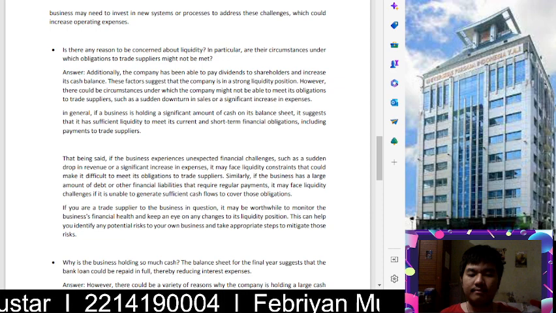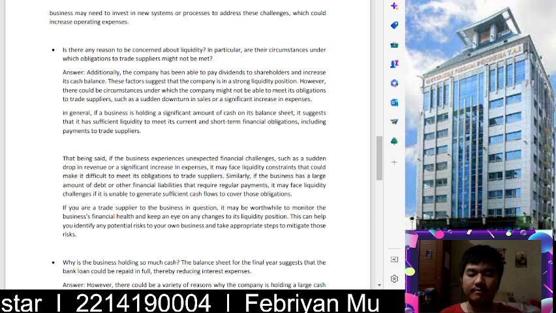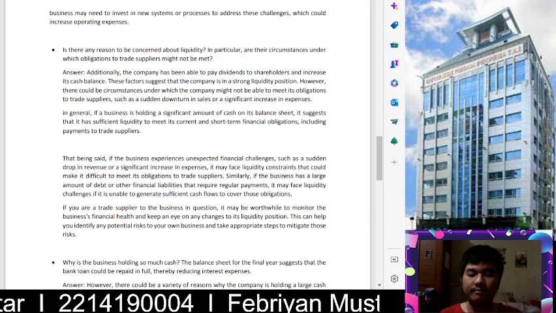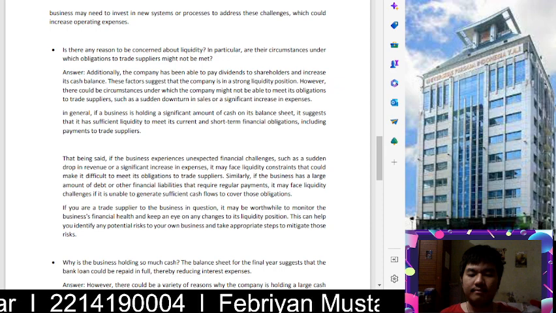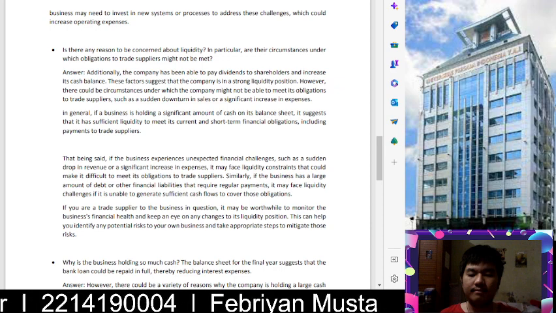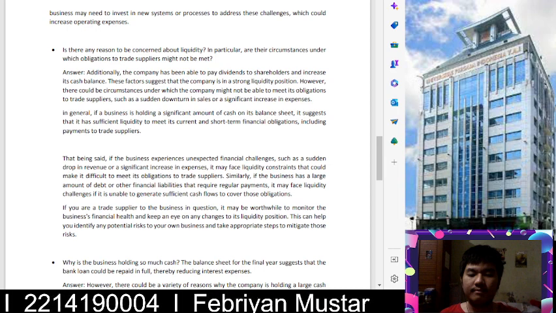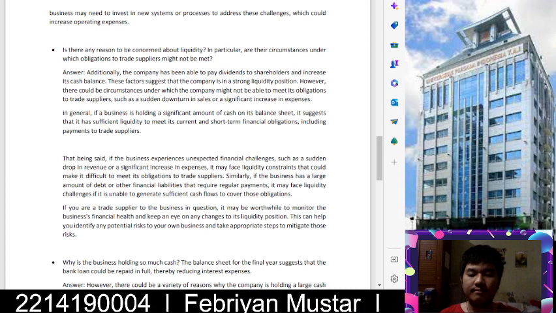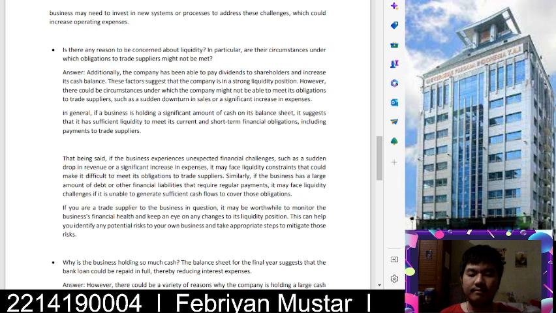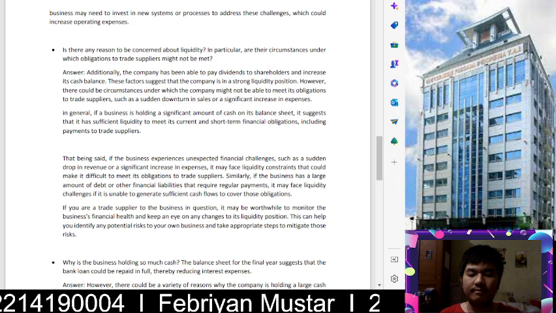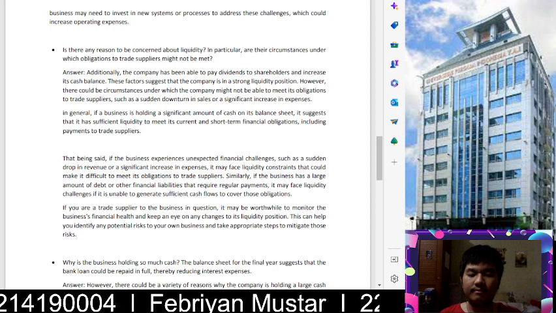In general, if a business is holding a significant amount of cash on its balance sheet, it suggests that it has sufficient liquidity to meet its current and short-term financial obligations, including payments to trade suppliers.